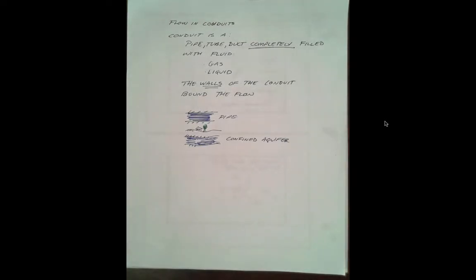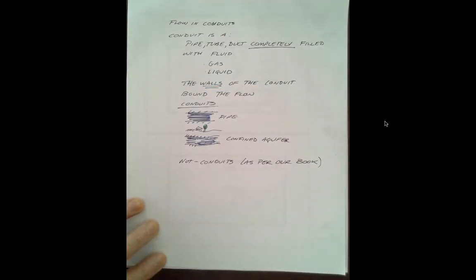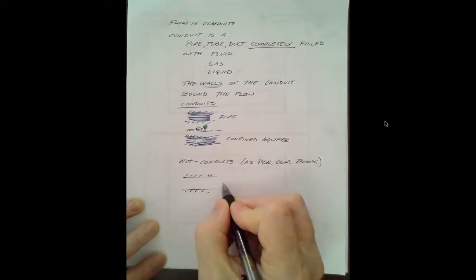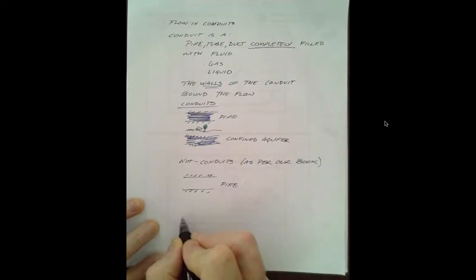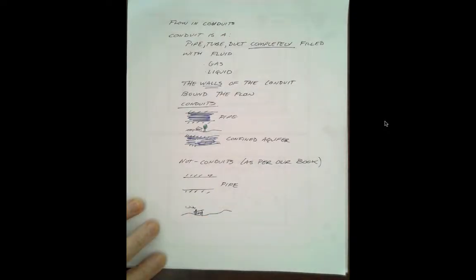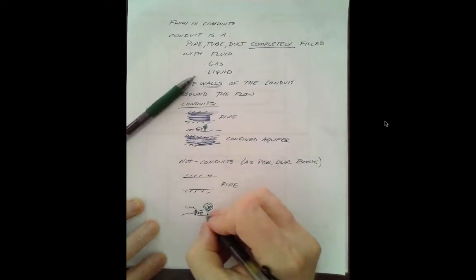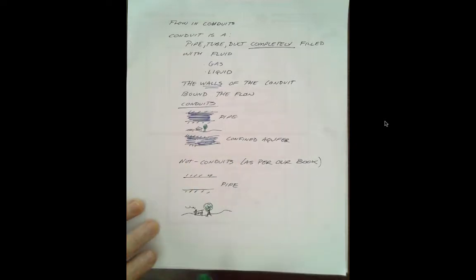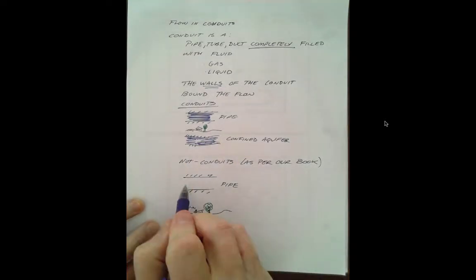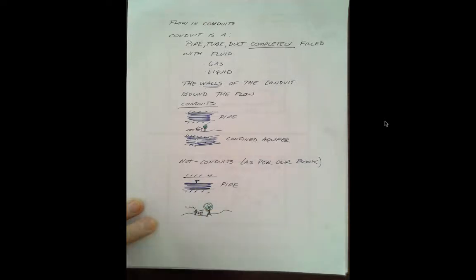Things that are not conduits would be a partially full pipe. So, using our book, we could still have a pipe. We can have a different house. This time we'll use a shed roof. Everything's got to have a green tree. And instead of being completely full, there is a free surface.